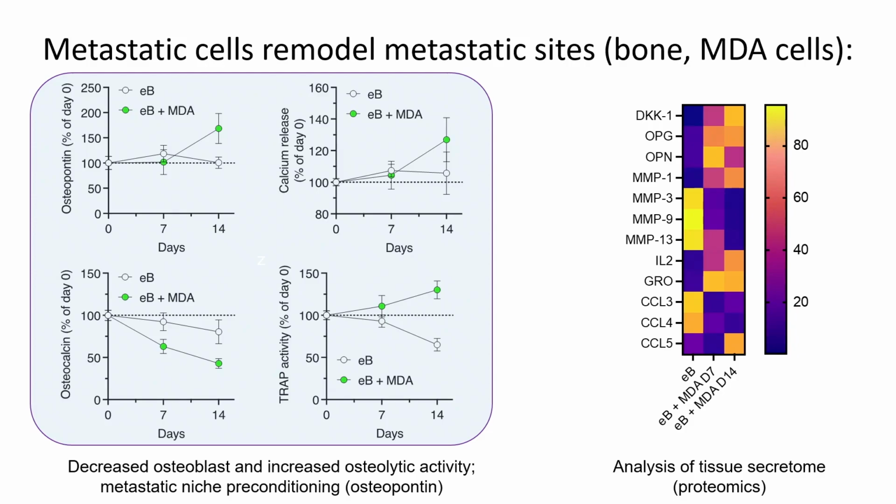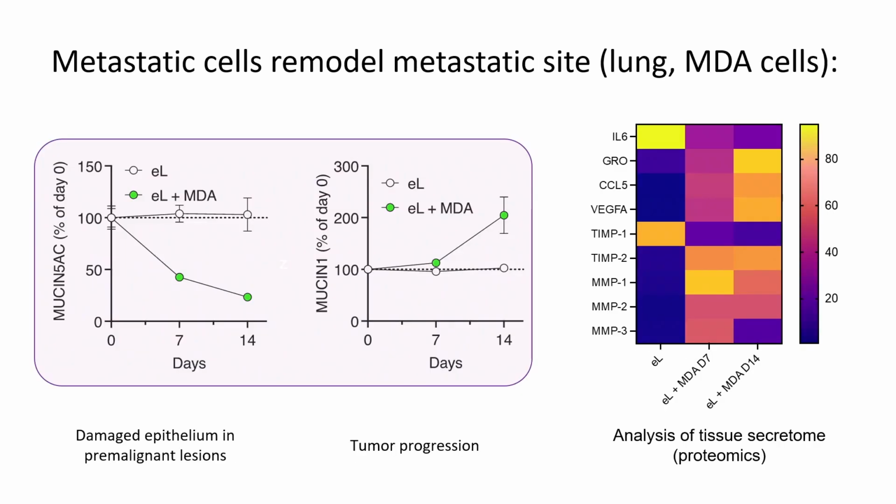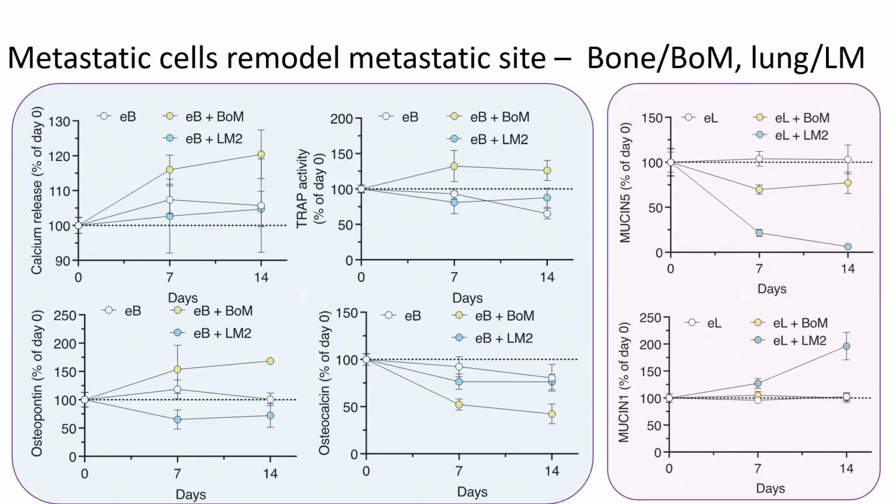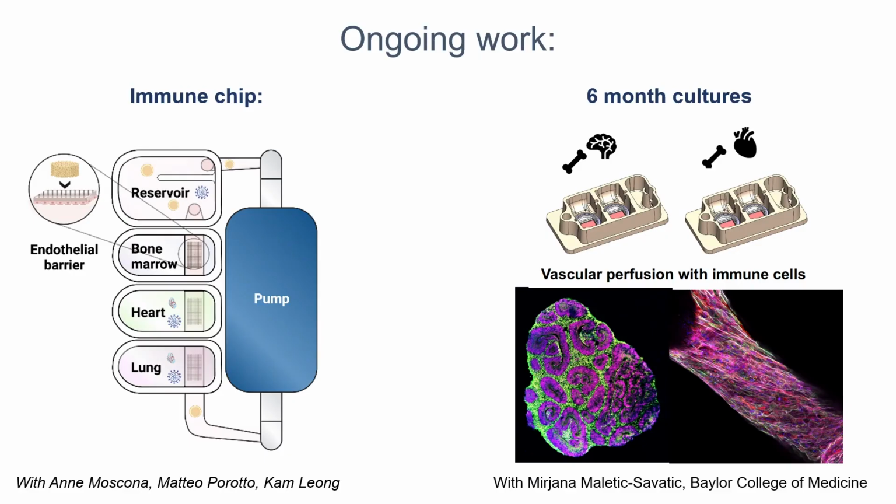You see that, for example, osteocalcin goes down very dramatically, calcium release goes up, etc. And then you see a similar situation for the lung. 2 mucin markers are shown. They both change with the presence of these invading cells. And then just to briefly recap this graph, the effects of bone metastatic cells on bone remodeling were much more dramatic than the effects of MDA cells.